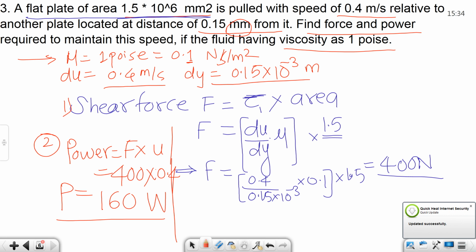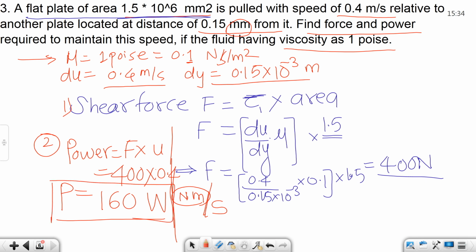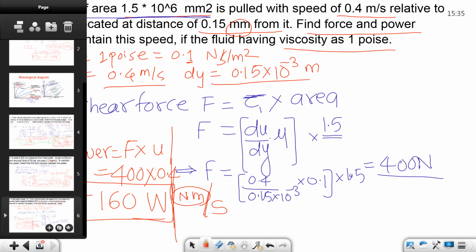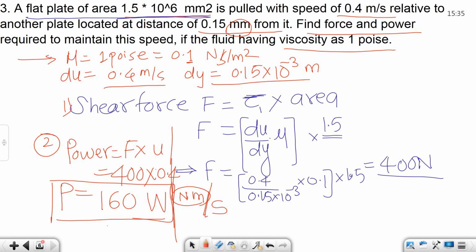So power is equal to force into velocity. Force unit is Newton, velocity is meter per second, and as we know Newton meter is joule, and joule per second is watt. So that is the unit for power. Power is equal to 160 watt, from the unit of Newton meter per second, that is joule per second, energy rate, that is power consumed by the corresponding fluid flow.